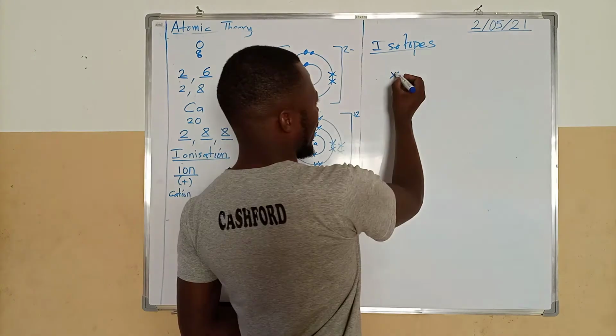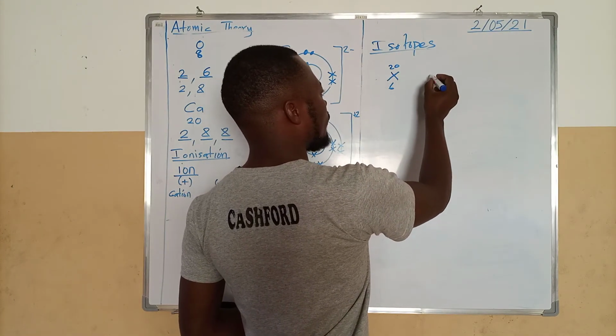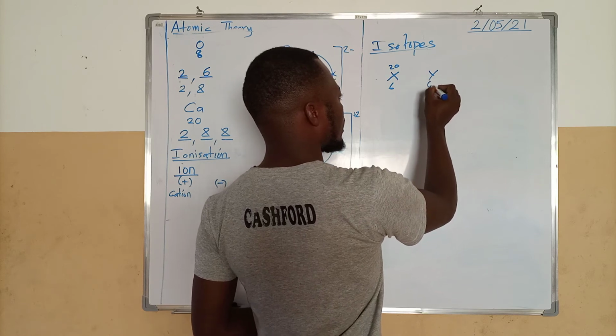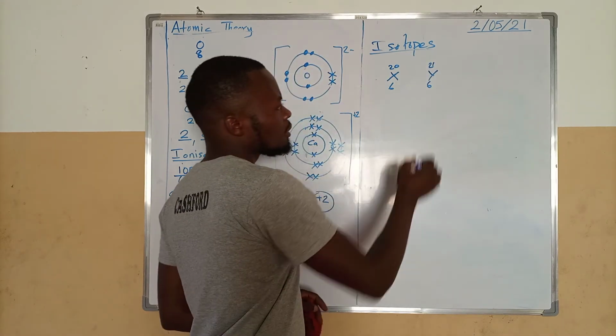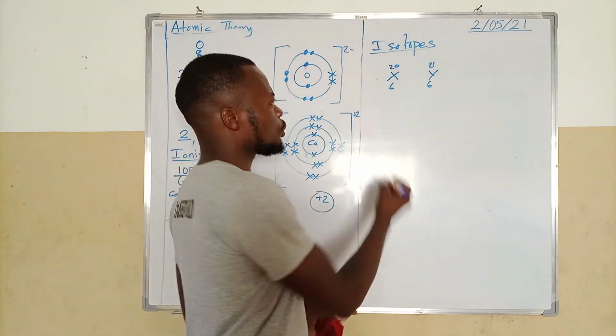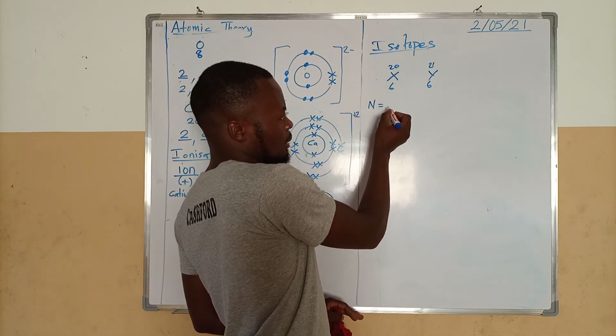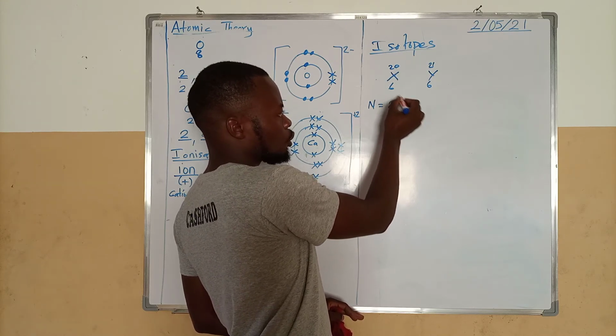So we have X having maybe 20 over 6. Then we have Y having 6, then 21. So when we look at these 2 elements, to calculate the number of neutrons, it will simply be equal to the mass number, which is 20, minus the proton number, which is 6.